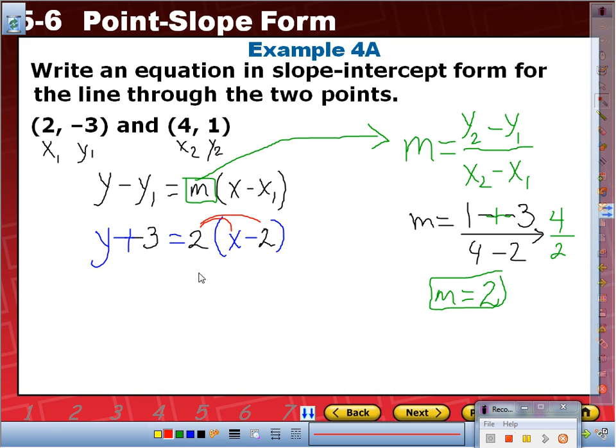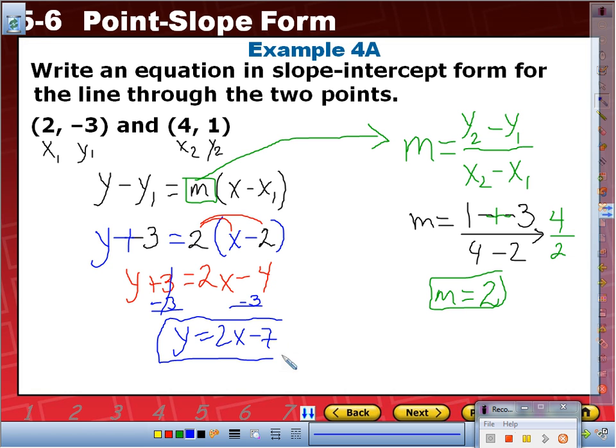This becomes 2x minus 4 equals y plus 3. Are we done? No. We're distributing. 2 times negative 2 is negative 4. Here we go. Subtract 3, subtract 3. y equals 2x minus 7. Are we done? Yes, because we got a slope-intercept form equation.